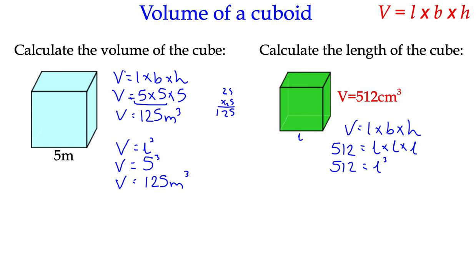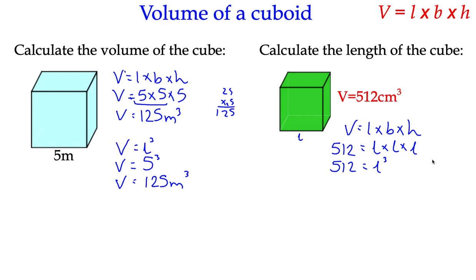Okay. So how do we solve that problem? There's 2 ways to do it. You either just by a bit of trial and error, or by knowing your cube numbers, you might work out what number multiplied by itself and itself again gives you 512. The more common way might be to use a calculator if it's not so obvious. So we would do this if you're familiar with the idea of undoing operations.